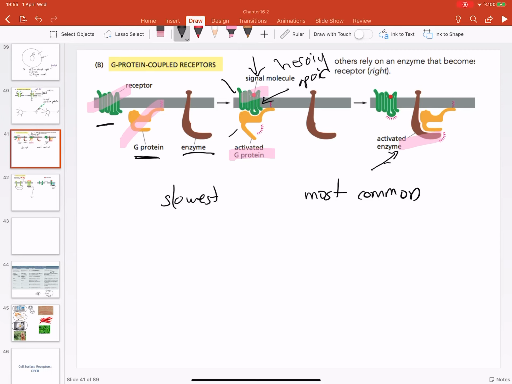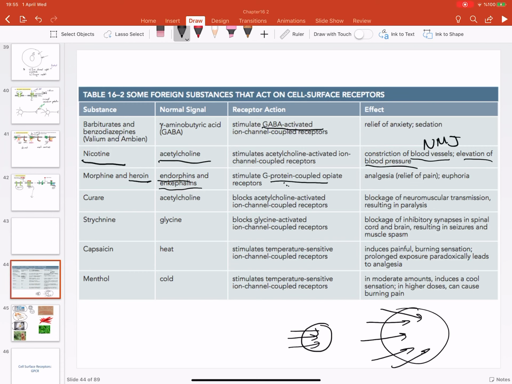So mother love activates these GPCRs in your brain and makes you extremely happy. But if you cannot find mother love, maybe people are using heroin because of that. They can activate the same subclass of the GPCR so that they feel euphoria.